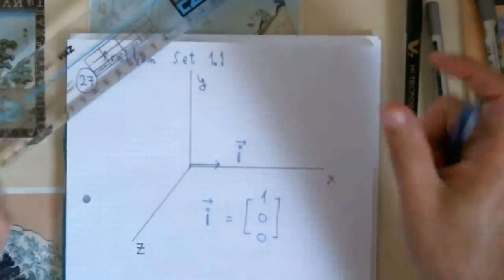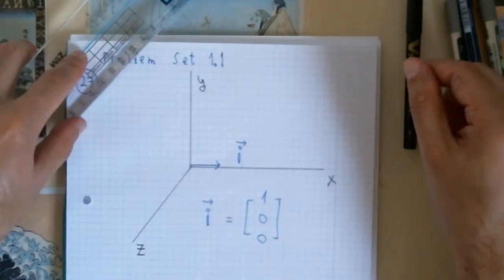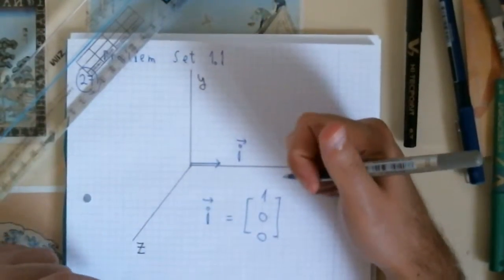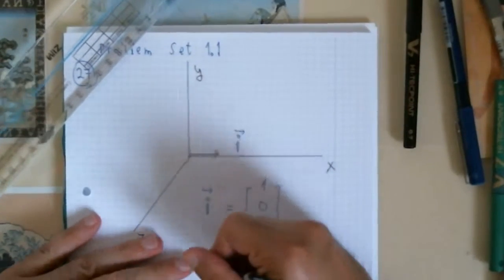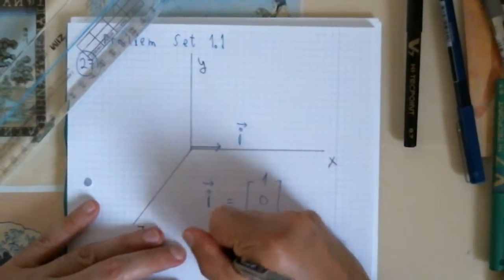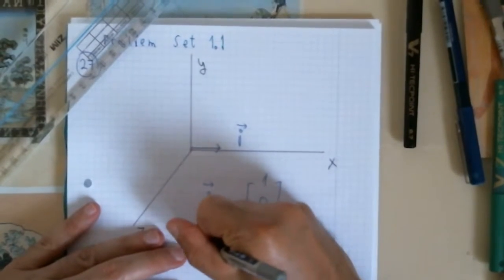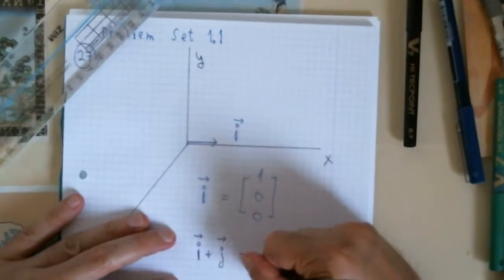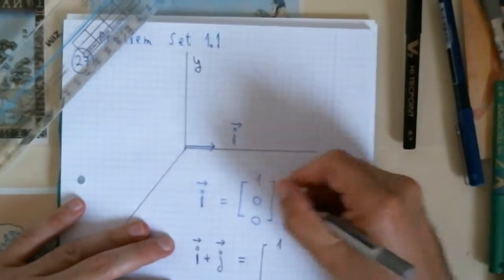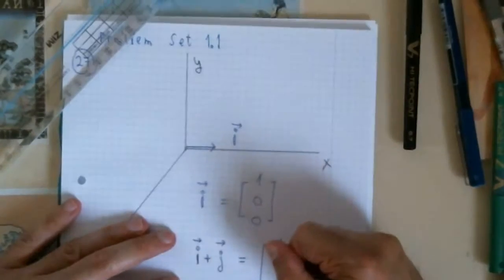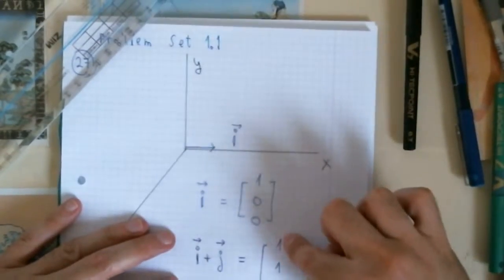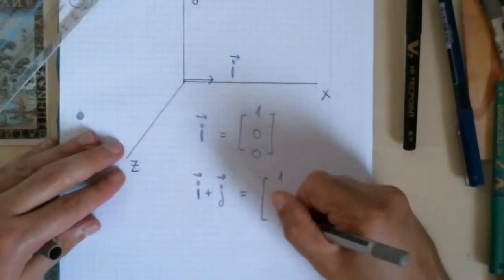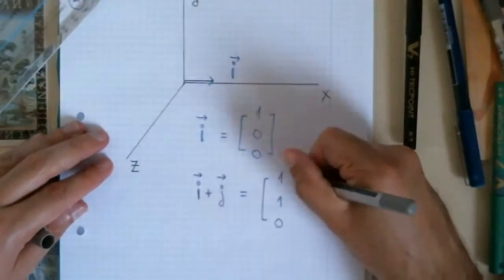And another vector that we have, let's make it in purple, you'll understand why. It's I plus j, so I plus j is 1 in the x direction, 1 in the y direction. Okay, the first component is x, the second component is y, the third component in the z direction is 0.